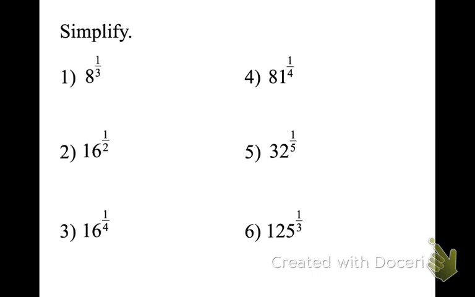So what they're asking us here is, what is the cube root of 8 to the first power? Remember I said x to the 1/3. This is the root, and this is the exponent. So what times itself 3 times equals 8 to the first power?